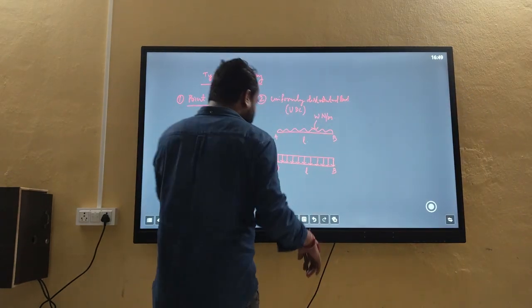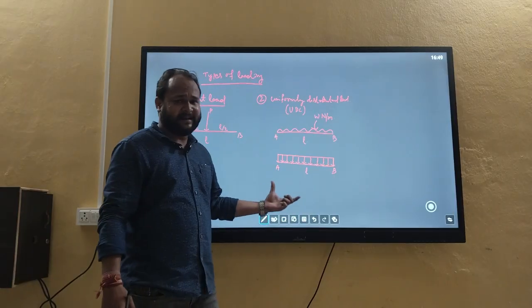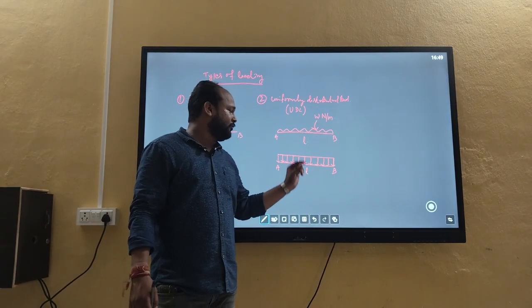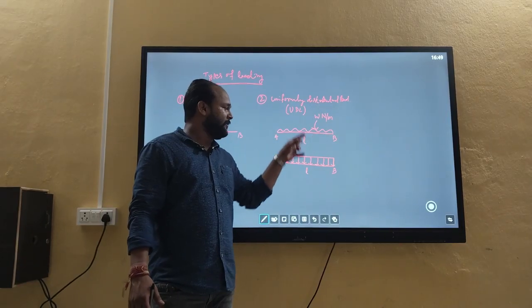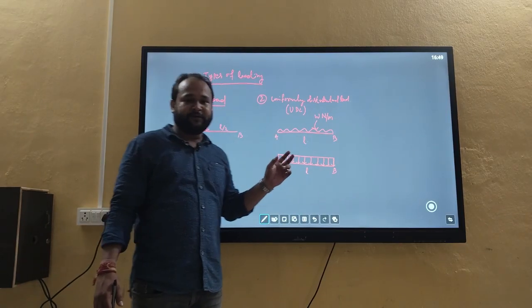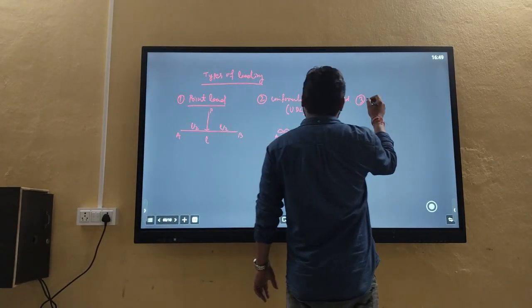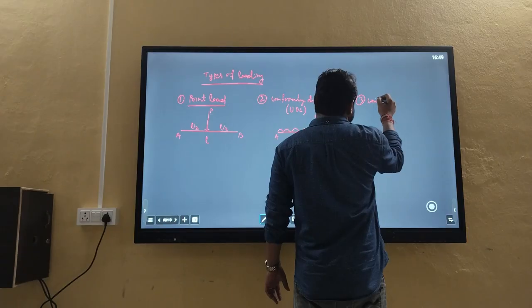If the length of the beam is L and W Newton per meter force is acting, then the total load will be W multiplied by L, which is W into L.